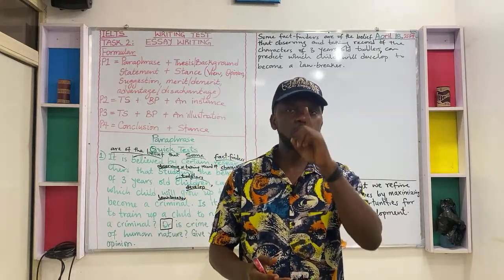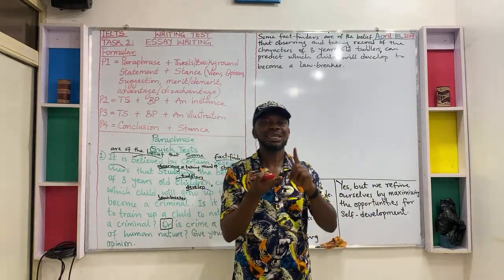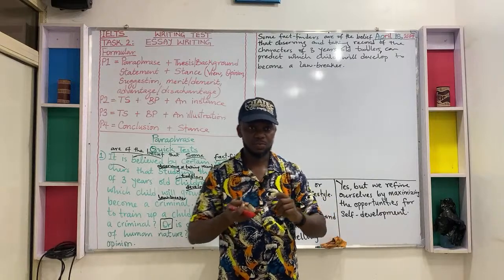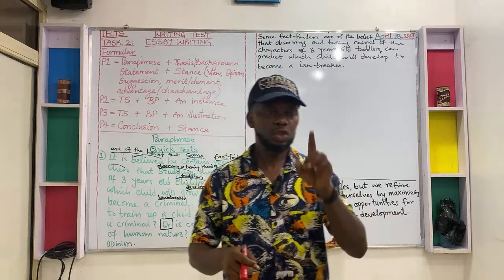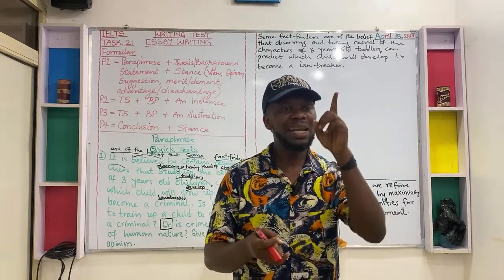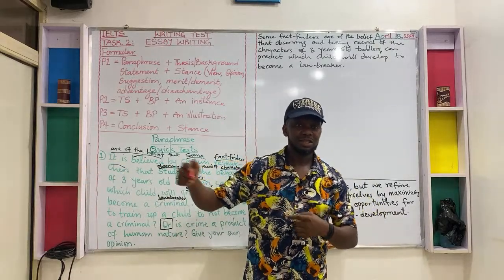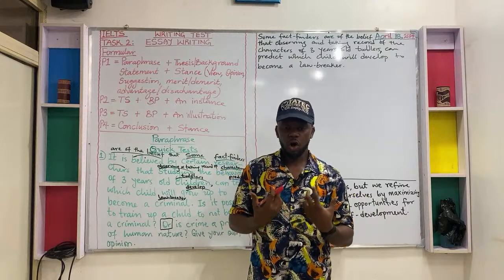And they should also be taught at schools about the consequences of criminalities. This is my opinion. They should be taught the consequences, the penalties of venturing into criminalities. So it should be like a subject of its own that would always be taught.